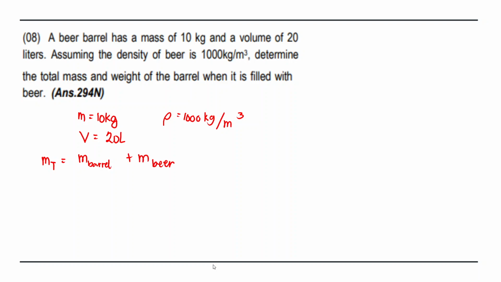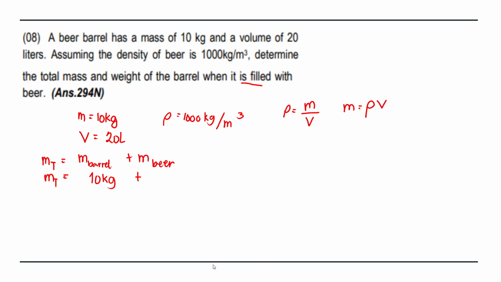Okay. So, meron tayong given na mass ng barrel which is 10 kilogram. But hindi natin alam yung mass ng beer. But the mass can be calculated by using the density, mass over volume. So, mass is the density of the beer and the total volume. Okay? Ang sabi niya, it is filled.